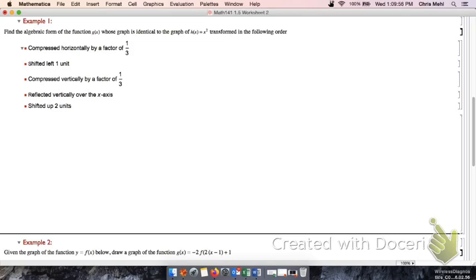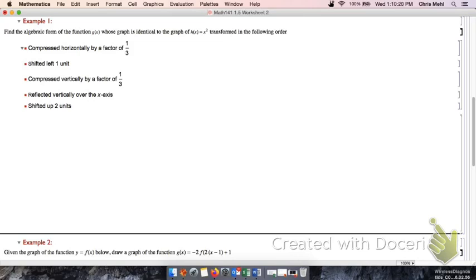So we have 5 transformations. We're going to compress horizontally by a factor of a third. We're going to shift left 1 unit. So there are those 2 horizontal transformations, followed by the 3 vertical transformations, the first of which is compressing vertically by a factor of 1/3, then reflecting over the x-axis, and then finally a shift up 2 units.